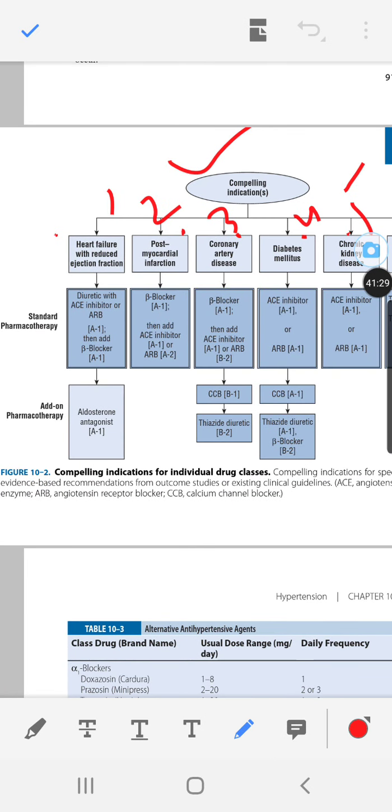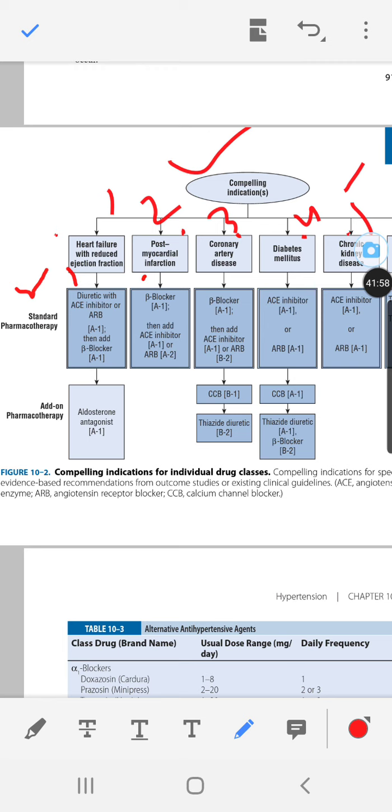Number 1, standard pharmacotherapy, which includes diuretics with ACE inhibitors. Standard pharmacotherapy means the combination therapy. So we have discussed thiazide or ACE inhibitors. First of all, you give diuretics and ACE inhibitors, and if the patient is not getting benefit, then you add the beta blockers.